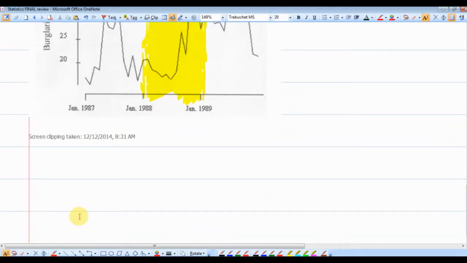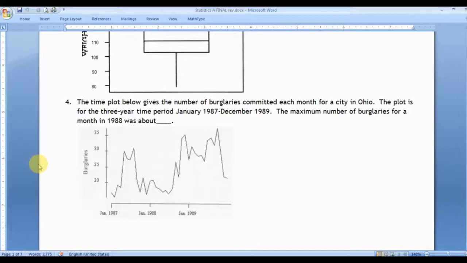Question 5. Zooming along here. We're going to use that histogram, and I should screenshot that histogram too.